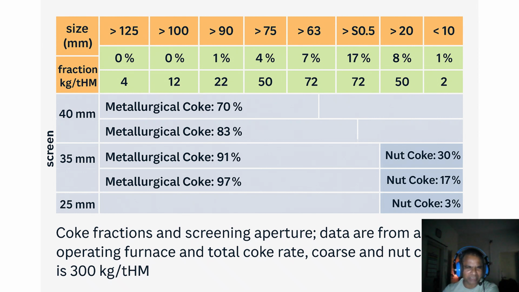So we have to see at what screen fraction what sort of volume of nut coke is getting generated, which is subsequently to be consumed in the blast furnace.